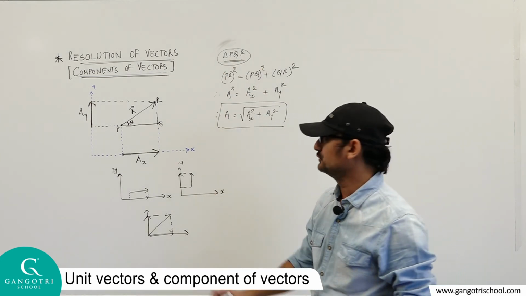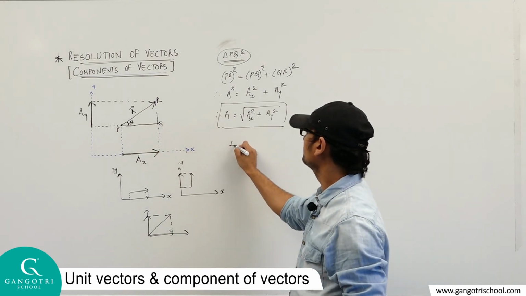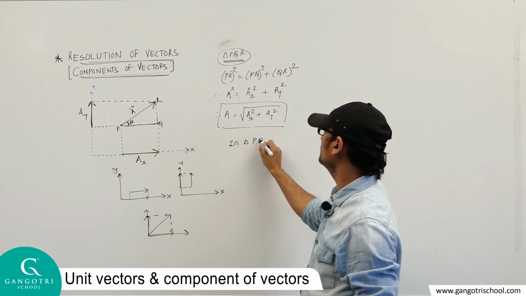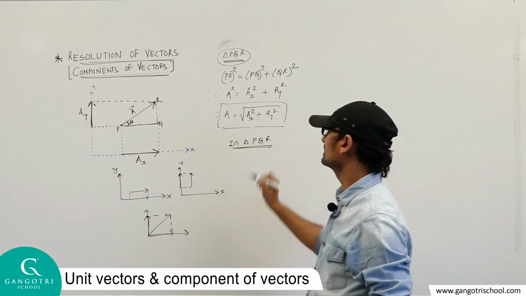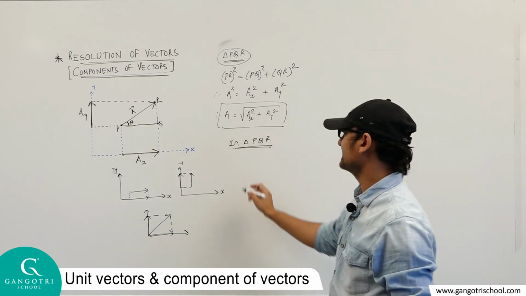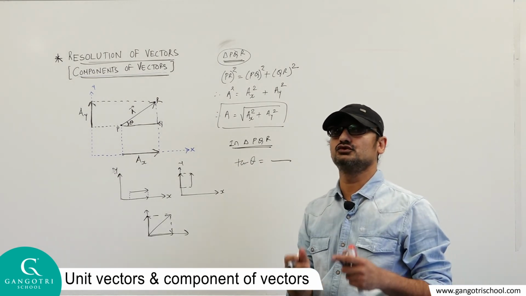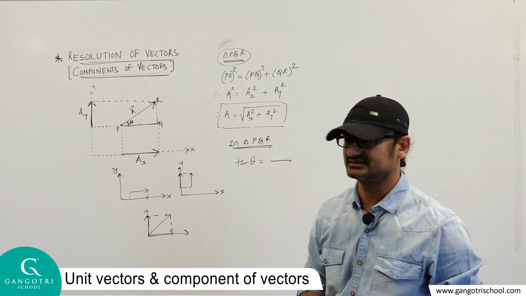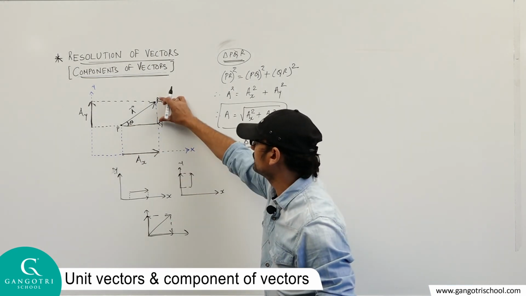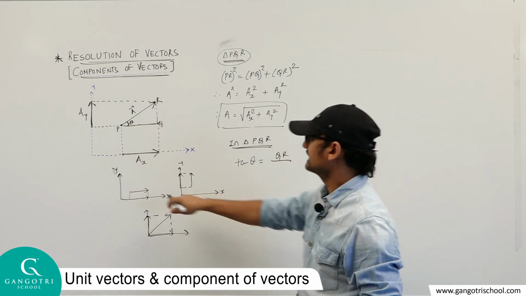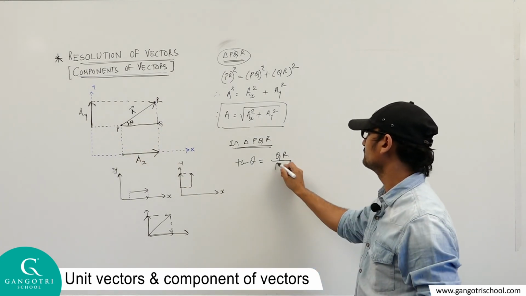Now the second time I'll use the same triangle PQR. I'll use the tan function, tan theta. We know that tan theta is equal to opposite side upon adjacent side. Opposite side means QR and adjacent side means PQ.